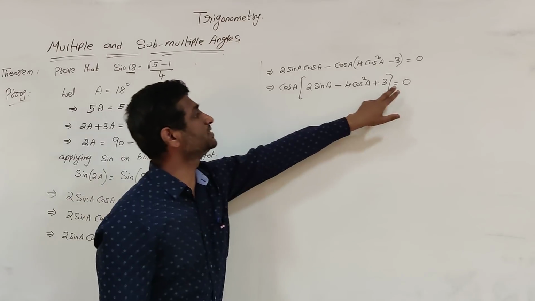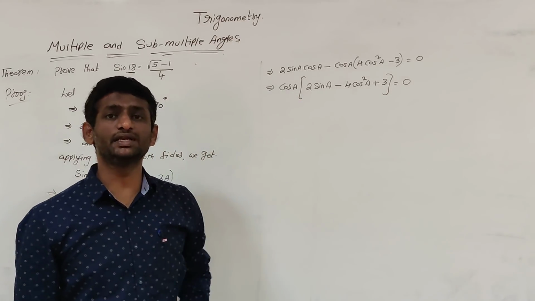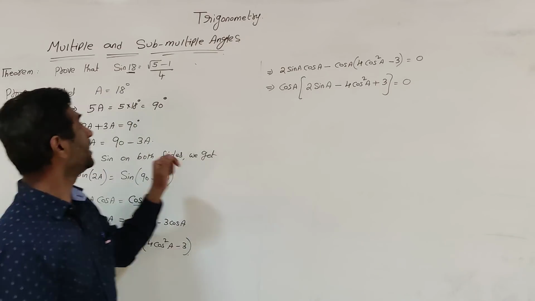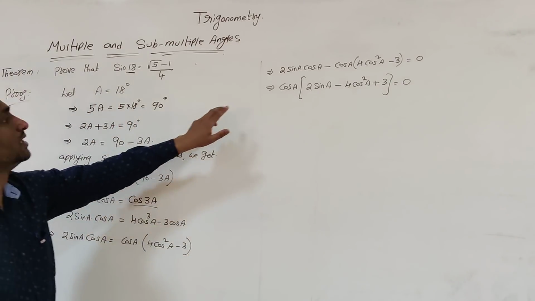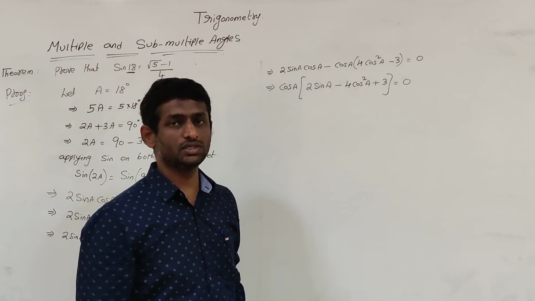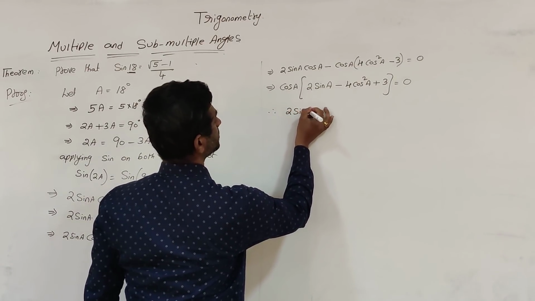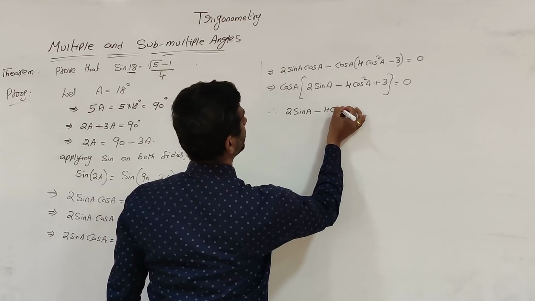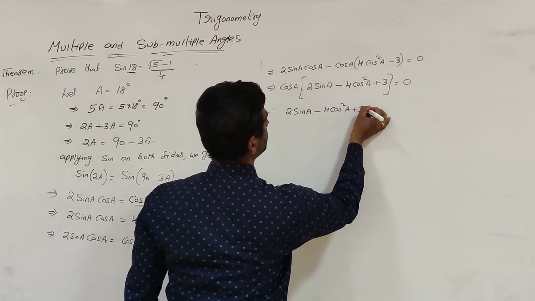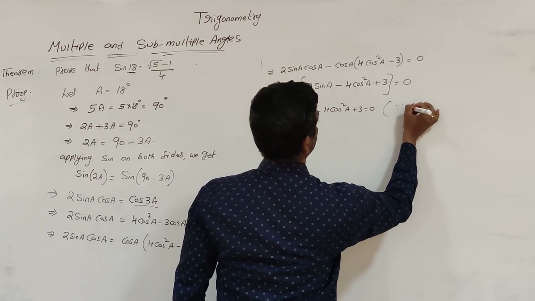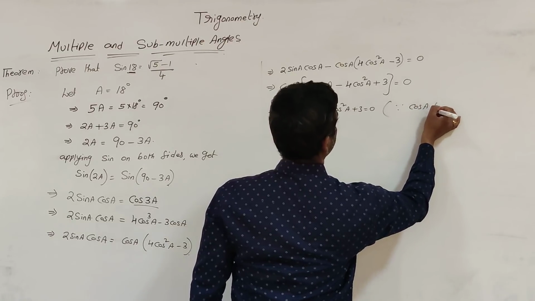If cos a is 0, then a will be 90 degrees. But what is a? A is 18, which means cos a will never be 0. So therefore 2 sin a minus 4 cos square a plus 3 is equal to 0, since cos a is not equal to 0.